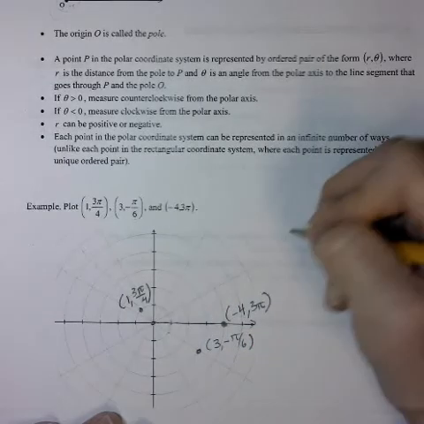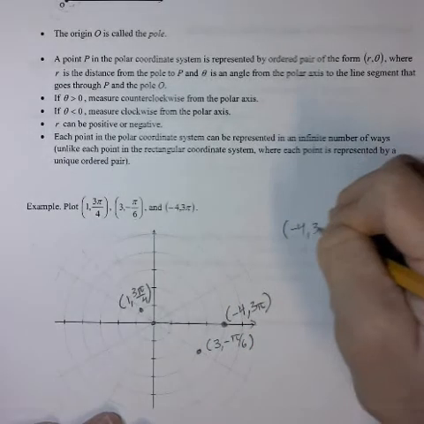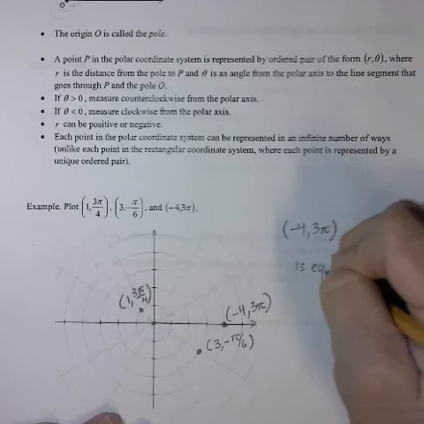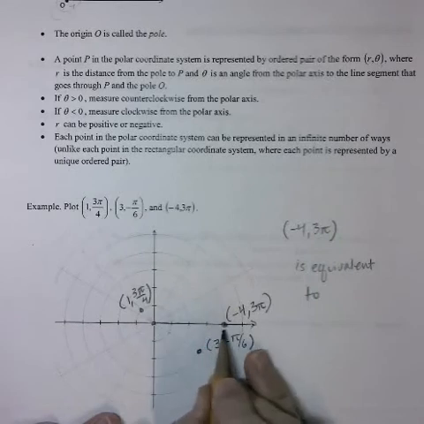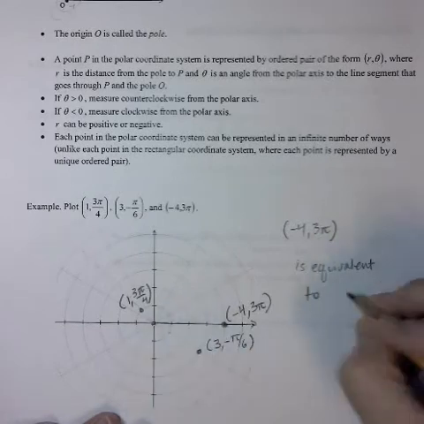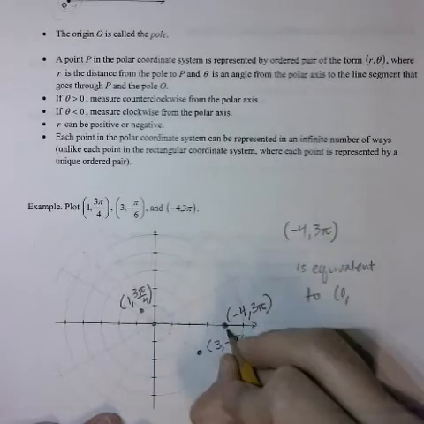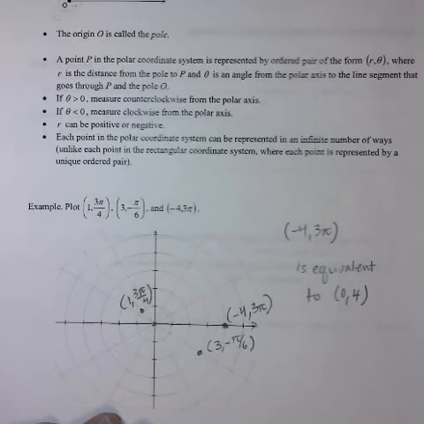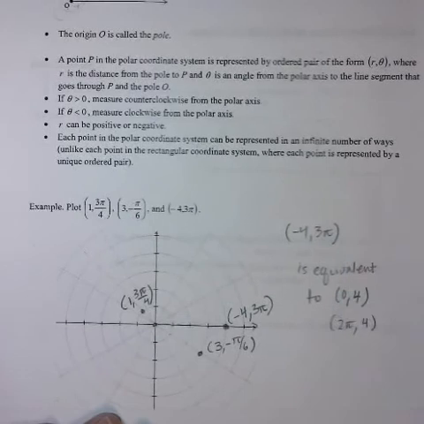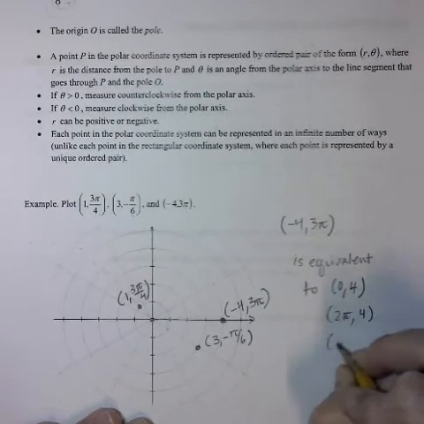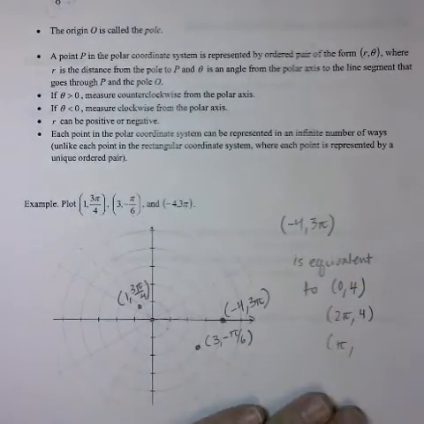And of course, (negative 4, 3 pi) is equivalent to theta being 0 and then r would be 4, or we could do (4, 2 pi), or (negative 4, pi). I told you I didn't have enough coffee yet.